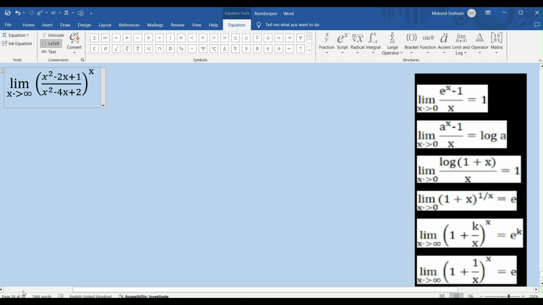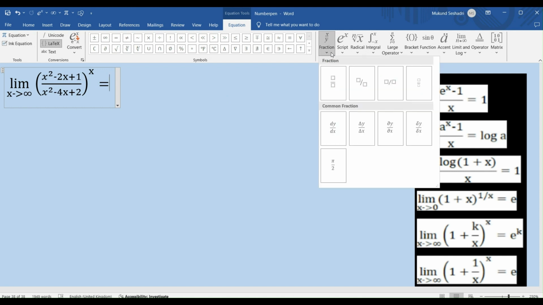So let's divide the numerator and the denominator by x square, and we will have to do it inside the bracket, which means we'll have to take it inside the whole power of x, and let's see what we get. That's the approach which we normally take to solve problems of rational functions whenever we want to find limits of rational functions.